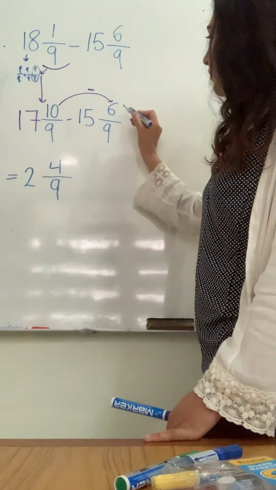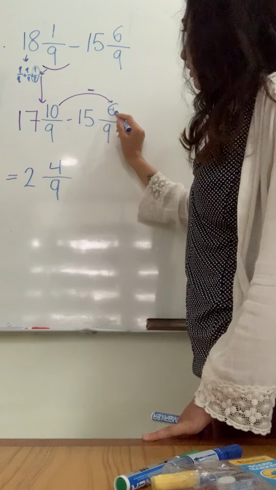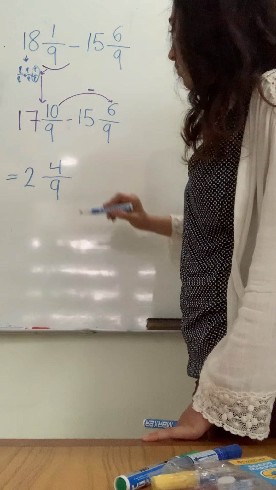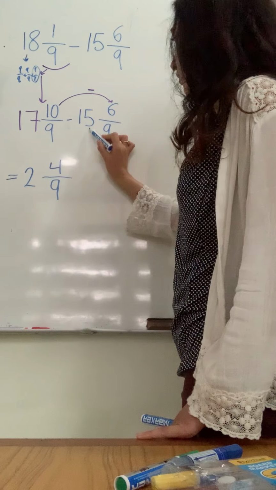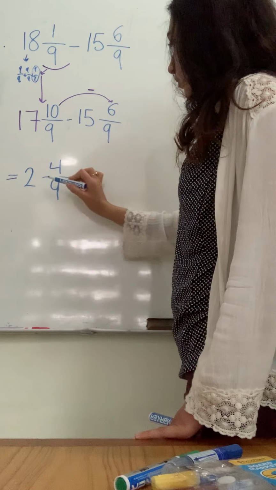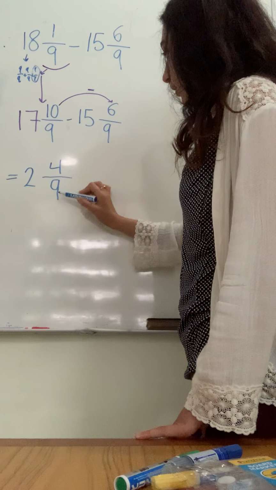Correct? 10 minus 6, 4. 17 minus 15, 2. So we have 2, 4/9.